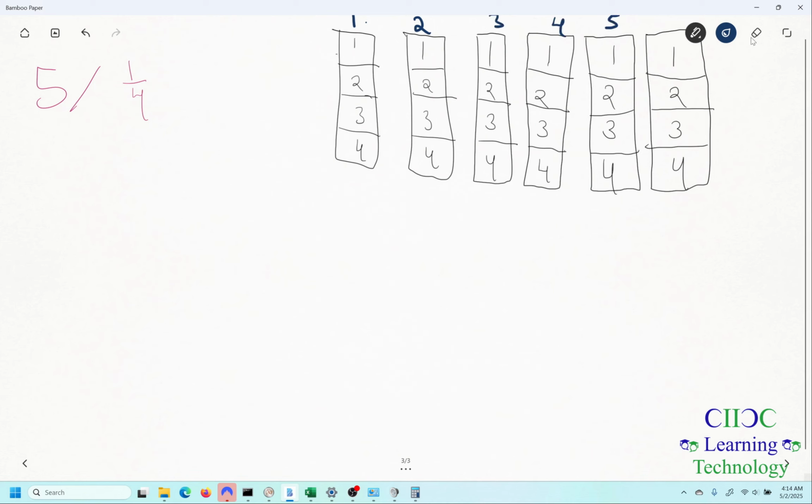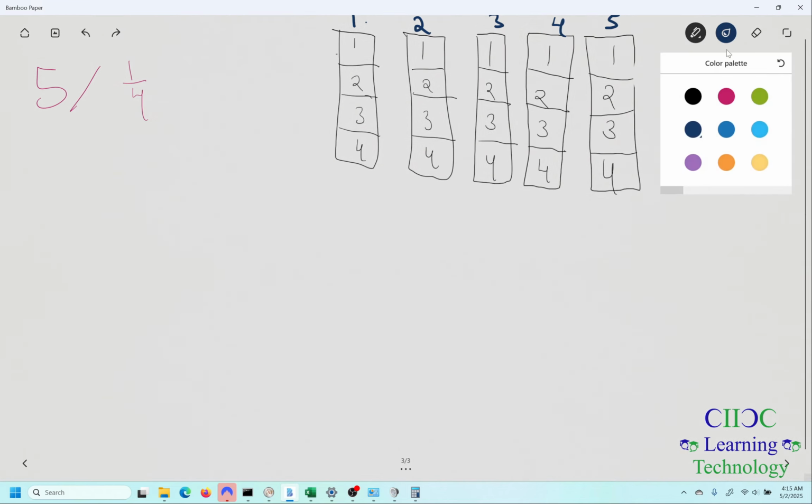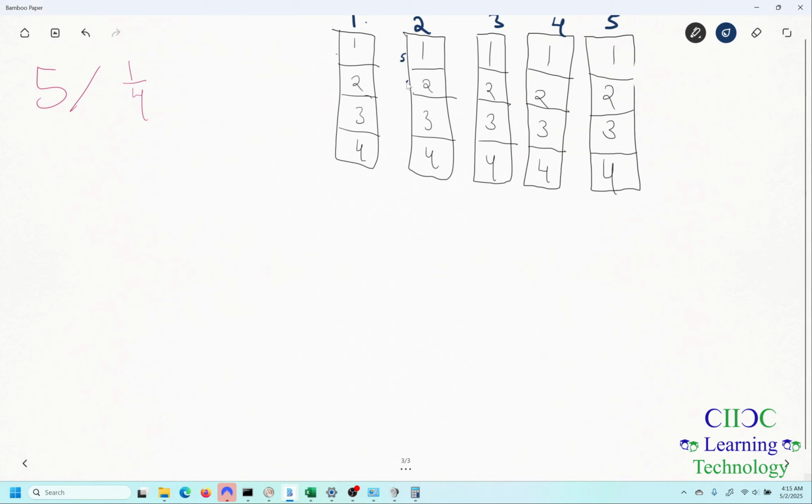Why I did 6, God only knows, but let's just pretend that we did not. Right, 1, 2, 3, 4, 5. So, as I said, if you want to look at this as the hops, or as the total number, we've got 1, 2, 3, 4, 5, 6, 7, and I'll even write these to represent the 5. So again, 5 divided by 1/4 is 20, but that's one way of looking at it.